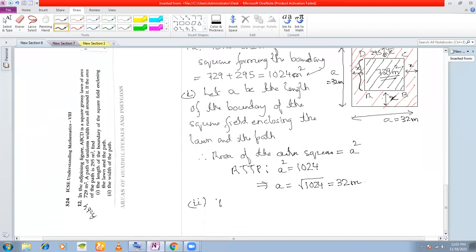So if I say let small b be the side, be the length of the boundary of the grassy lawn.